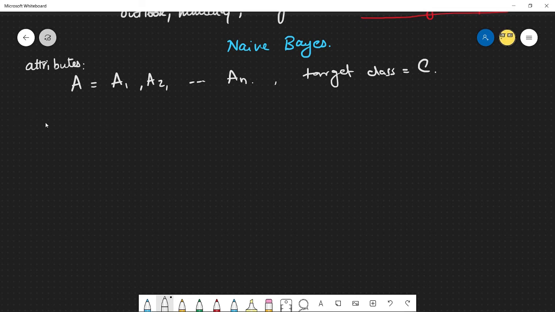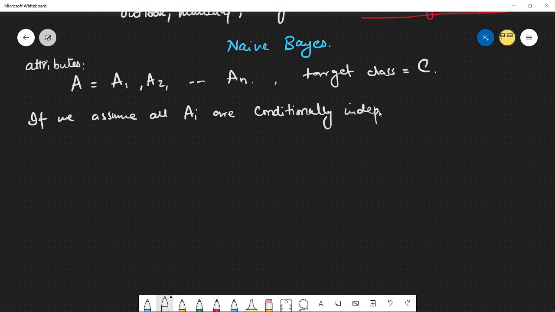Then if we assume that all Ai are conditionally independent given C, so we're still using conditional probabilities, given some class, then we can create a naive Bayes classifier.